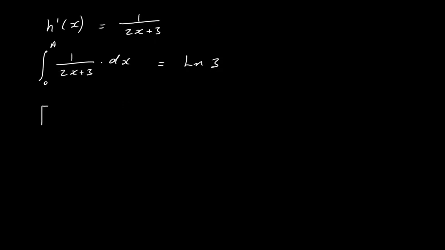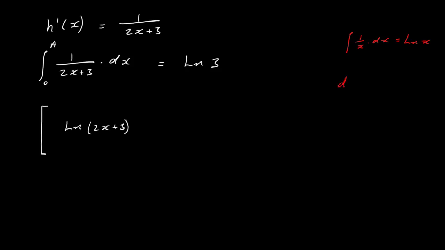So let's just do this first. We have 1 over 2x plus 3. Now we've already done that in the previous question, but if you want to integrate 1 over x with respect to x, your answer is log x. Now we don't have a 1 over x, we have a 1 over 2x plus 3. So we will do the same thing. We'll assume that it's going to be log 2x plus 3.